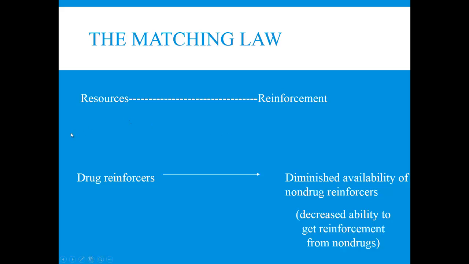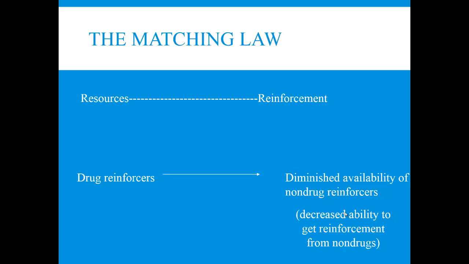And I apologize, the bottom part of the slide is not necessarily related to the matching law, but we just want to talk about the relationship between drug reinforcers and non-drug reinforcers. What this is trying to depict is that the more an individual partakes of drugs, the more they're relying on drug reinforcers, and then you have a diminished availability of non-drug reinforcers.